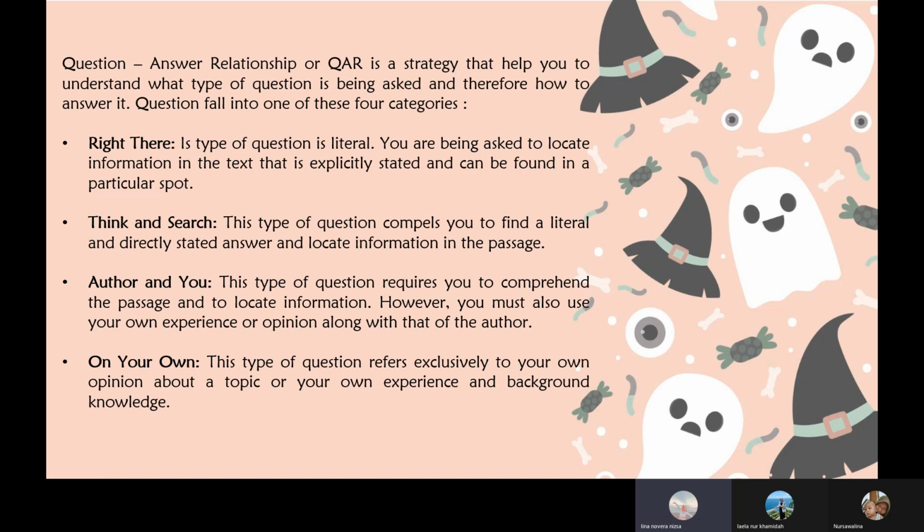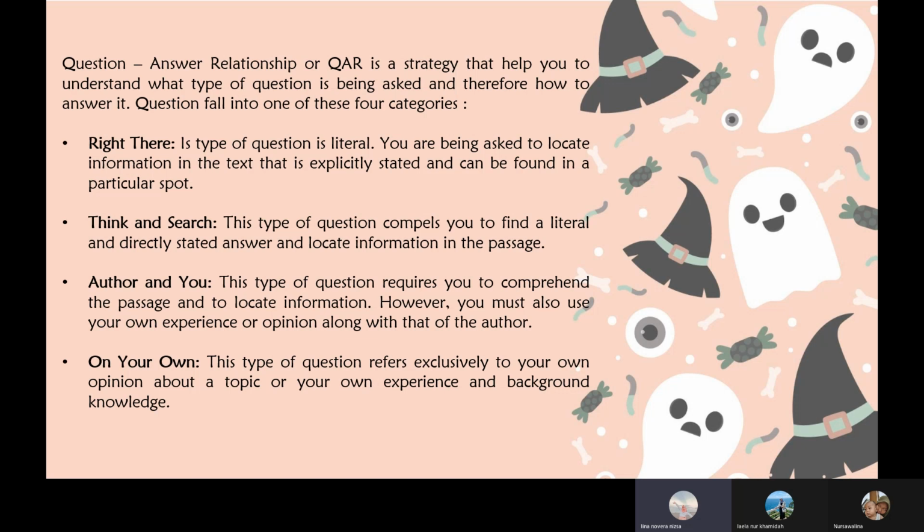The second is think and search. This type of question compels you to find a literal and directly stated answer and locate information in the passage. The next, author and you. This type of question requires you to comprehend the passage and to locate information.